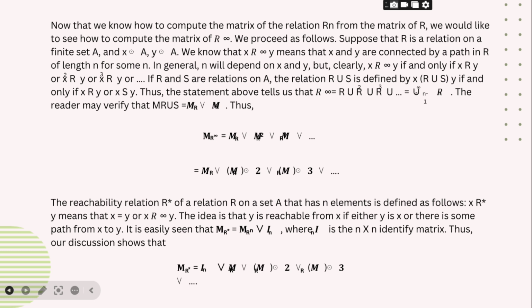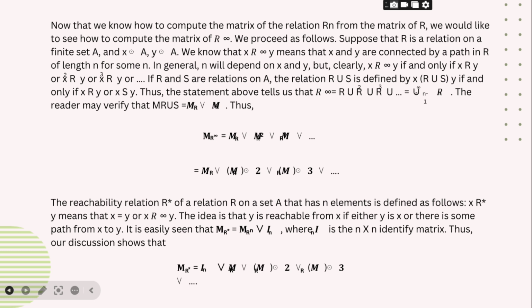Now that we can compute paths of length n, let's explore how we determine reachability in a relation. The reachability matrix helps us determine if any element is connected to another by any number of steps. The reachability matrix is defined as M star equals I sub n or M or M squared or M cubed, and so on.